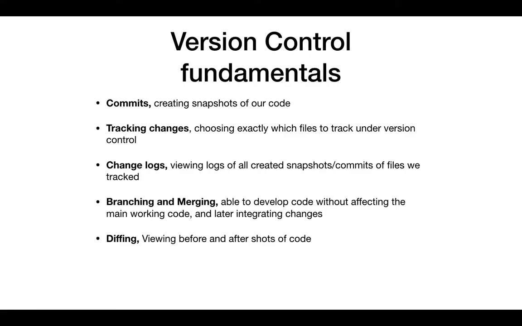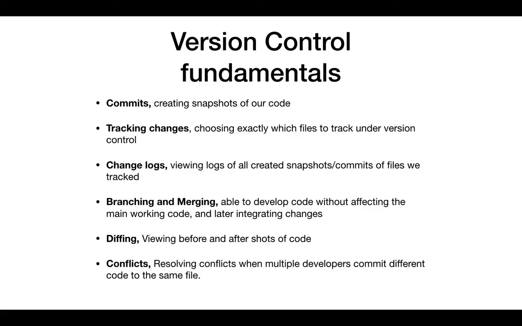So if I've added 100 lines of code, I want to be able to see a before and after view of that code, so I know exactly what I'm adding. And finally, to enable collaboration, I want to be able to resolve conflicts between multiple developers who are contributing maybe to the same file and have edited the same function, right? I want to be able to resolve those conflicts productively so I can keep working on the project.